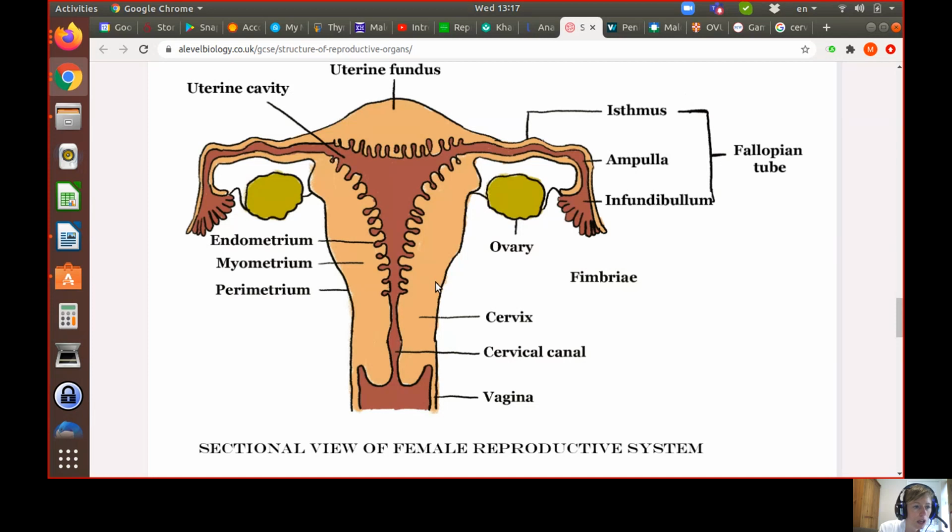The womb now is open to allow sperm to enter. So it has several functions, this part of the female reproductive system. And what's it called? The cervix. Very good.